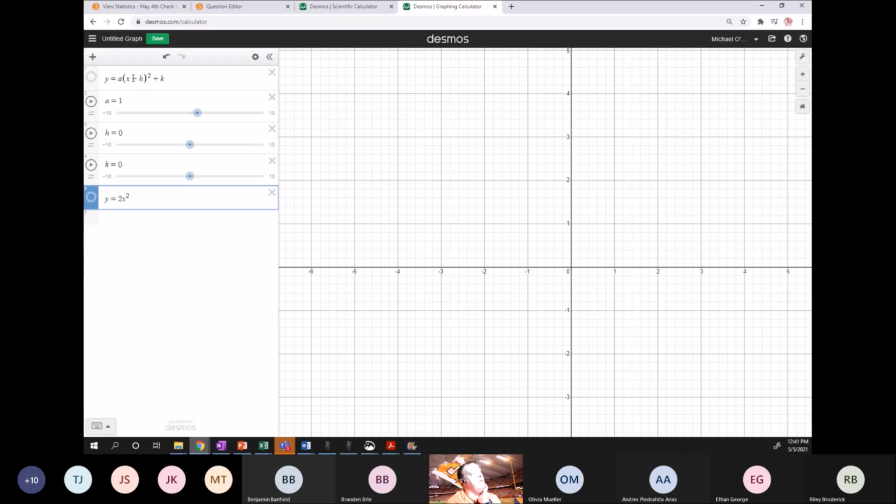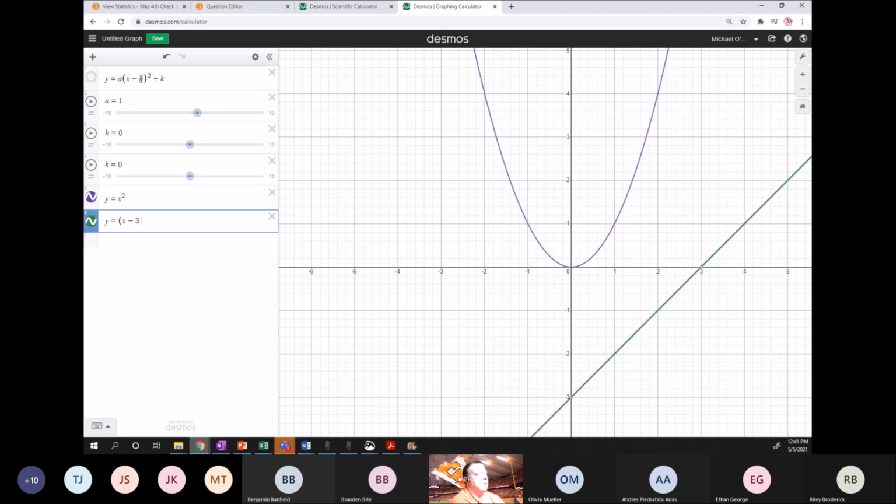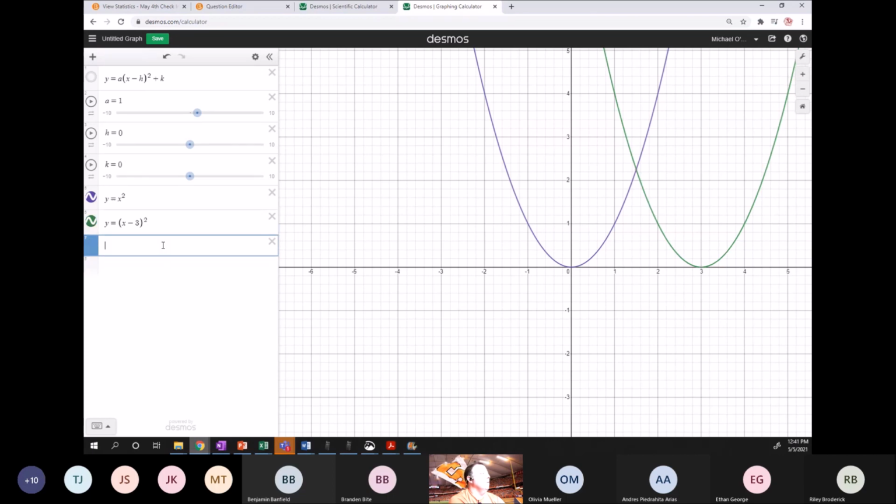So right now we're going to start to play with the h value. Okay. Oh, I need x squared. So there's our parent one. There's the one that has everything built off it. So let's try to switch this h value around. So I'm going to put a couple in here.